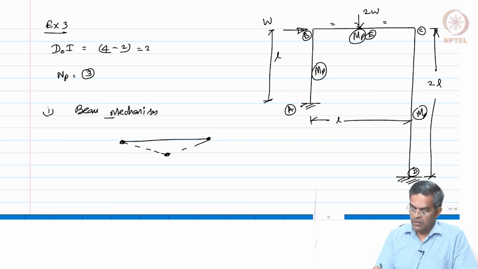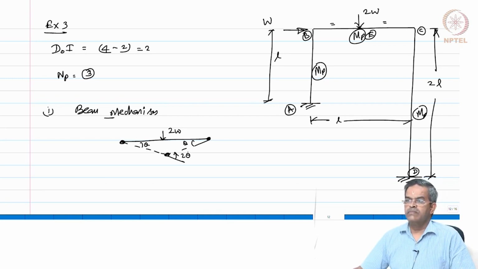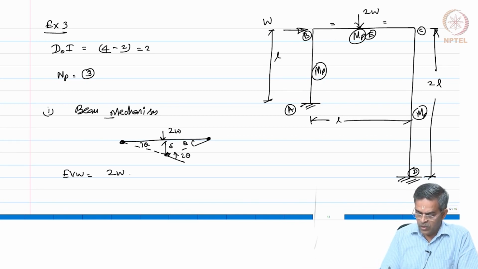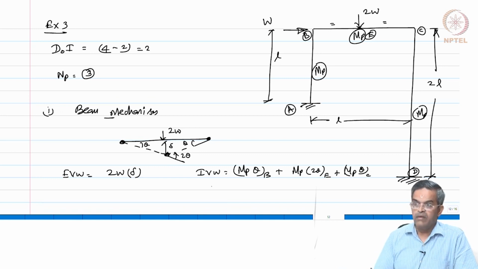So, this is 2W and this is theta and theta and this is 2 theta. And of course, this displacement is del. So, the external virtual work in this case is 2W into del. The internal virtual work will be MP into theta at B, plus MP into 2 theta at E, plus MP into theta at C, which makes it 4 MP theta.